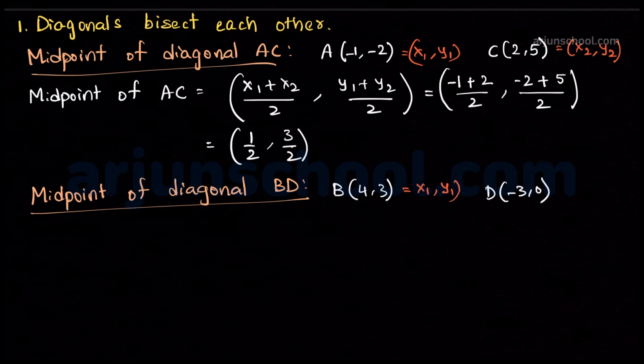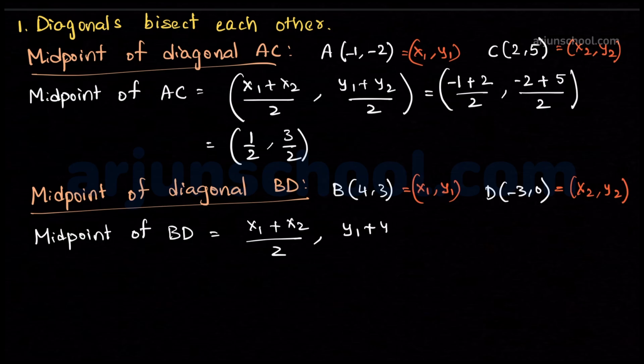Let us consider B as (x1, y1) and D as (x2, y2). And the midpoint formula, average of the x coordinates, (x1 plus x2) by 2, average of the y coordinates, (y1 plus y2) by 2.